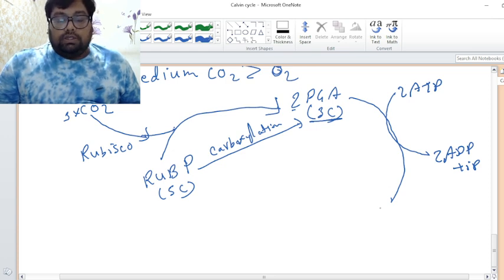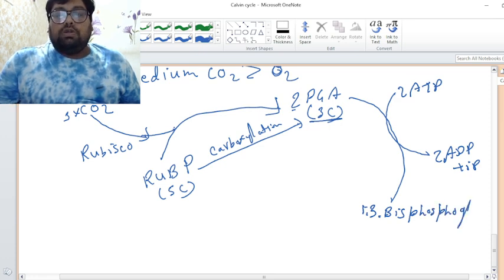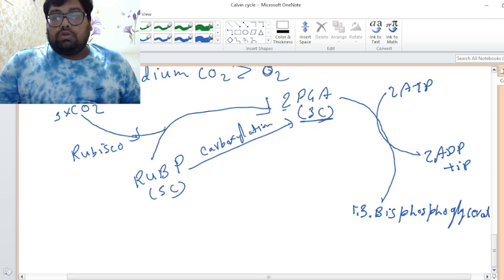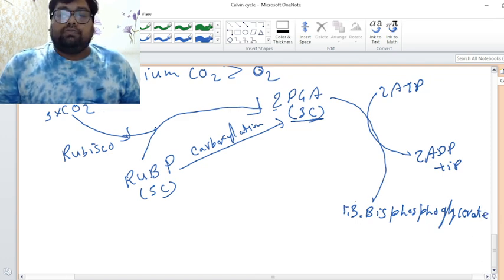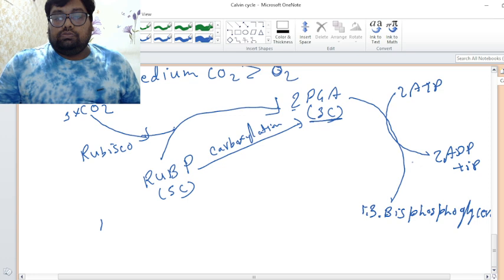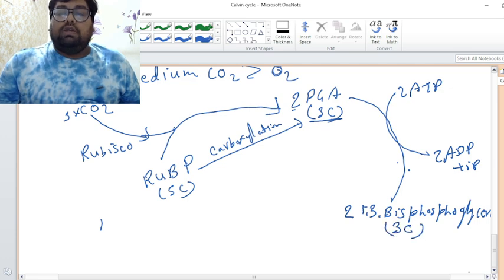After the reduction we get 1,3 bisphosphoglycerate, which also contains 3 carbons.